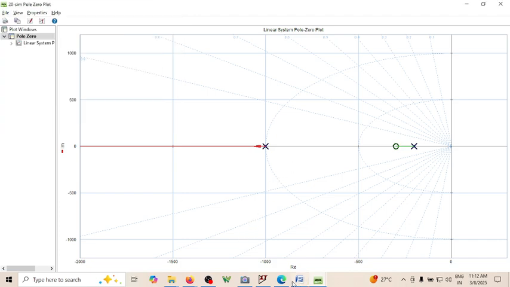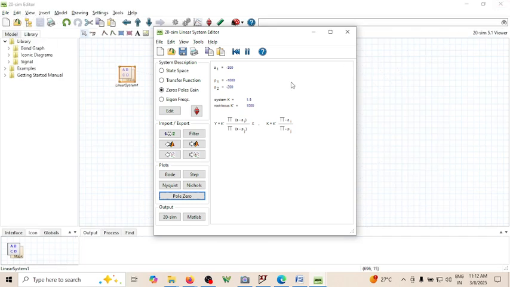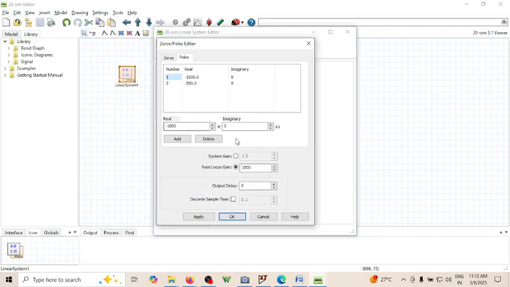Suppose the value is a bit lesser, so I will just go back and change this number. That is too much. So what I'll do is make this minus 10. Let me make this minus 2.